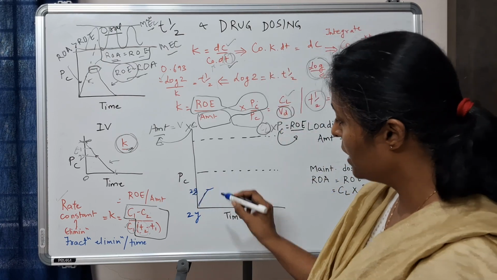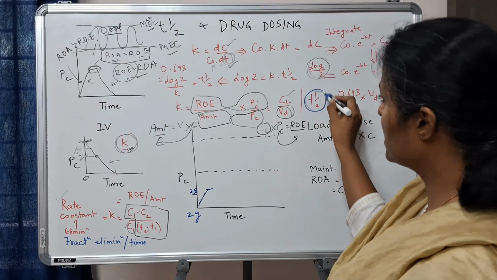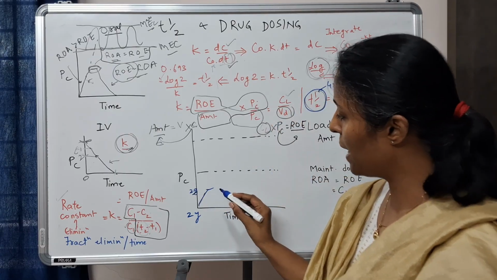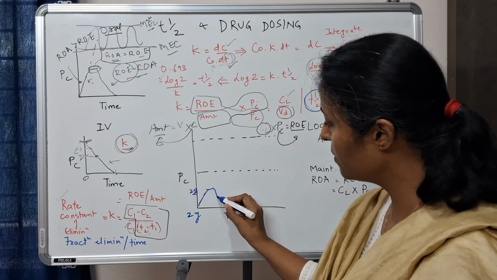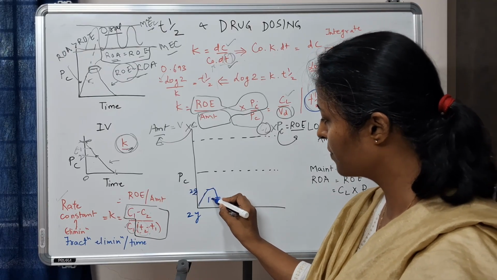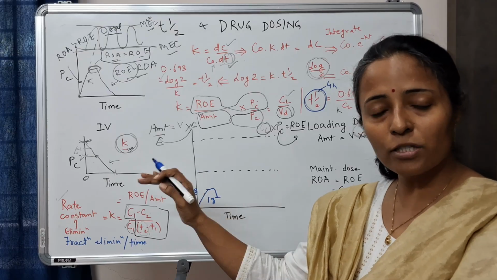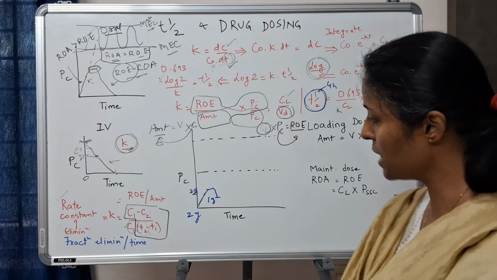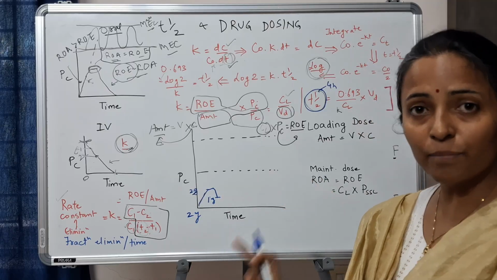Now, depending on its half-life, say the half-life is 4 hours, within 4 hours it will come back to 1 gram, because the concentration is halved, and concentration halved means the amount also is halved. So from 2 grams it becomes 1 gram.